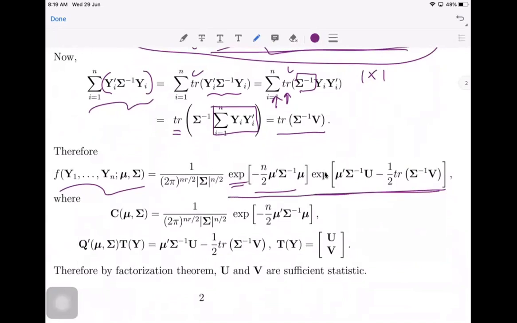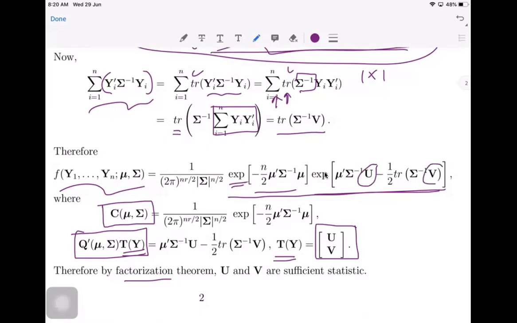where this time we use the factorization theorem. So we will have some function of mu and sigma and some function of your statistic T of y. So we see that T of y here will be a component of u and v, no?